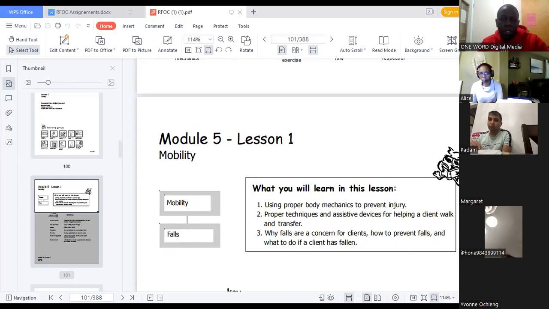You should also be in a position to use proper techniques and assistive devices. And when you talk about assistive devices, we are talking about things like Hoyer lifts, okay, to help them. And then we'll also be in a position.